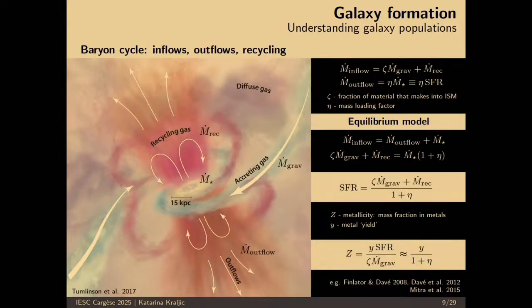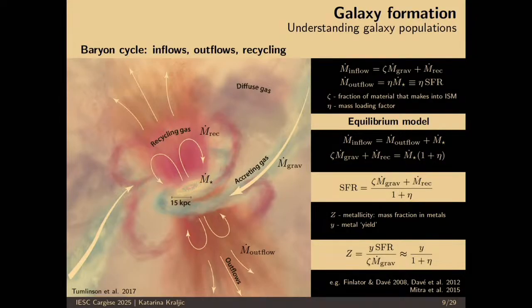So what is the source that you are going to enrich? It is the inflow rate, but not the recycled part, because the recycled gas is already enriched. So you end up having the metallicity expressed as the metal yield divided by 1 plus eta.